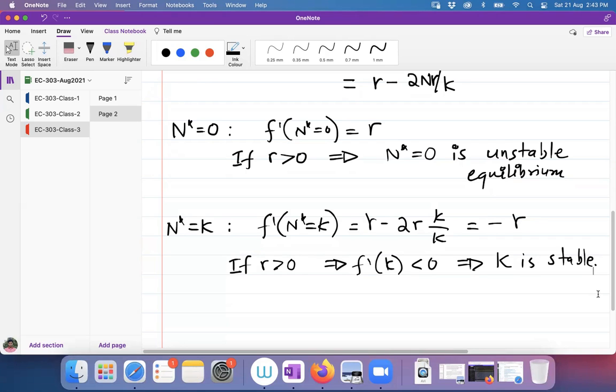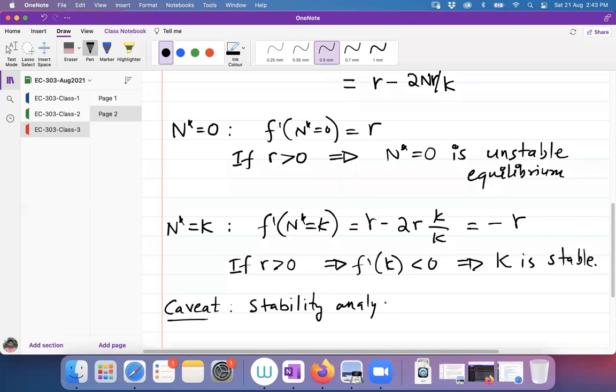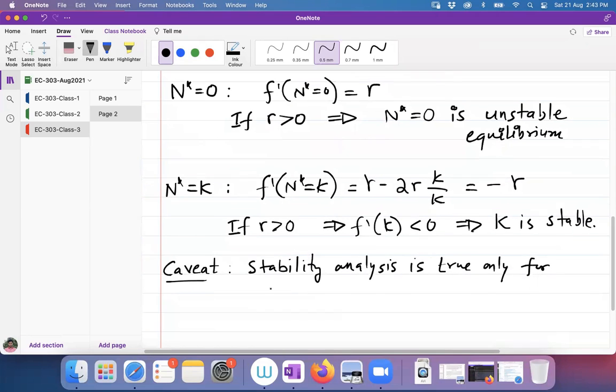Okay, but remember that this entire stability analysis is true only for, what is the caveat? Only for small perturbations. Exactly.